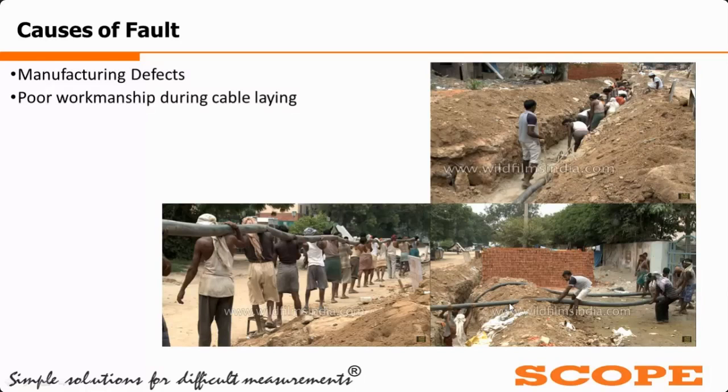In the third picture you can see that the bending radius is not properly maintained, so the armor of the cable gets damaged. That's why you have to take precautions while laying the cable, and also while sealing the cable trenches, because at the time of sealing the cable gets damaged. So we have to be very careful while laying the cable.